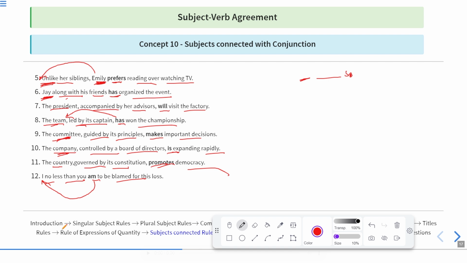Also, the conjunction phrase adds some extra information to the subject of the sentence. That is why we consider the subject but not the conjunction phrase subject, because that is actually the attribute of the subject. Now let us move to the next one.